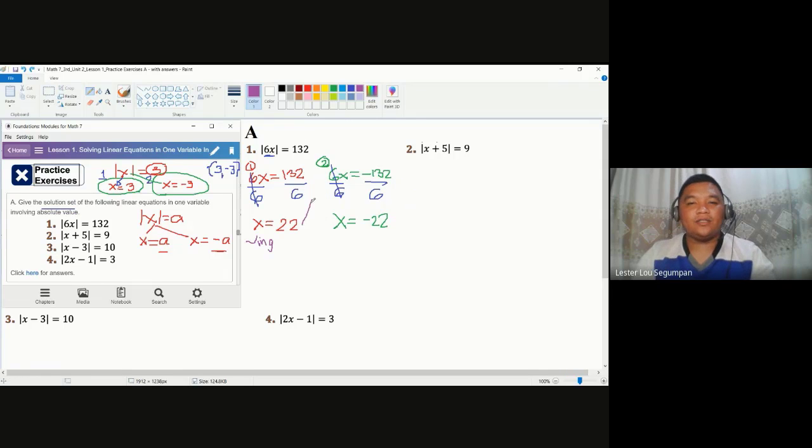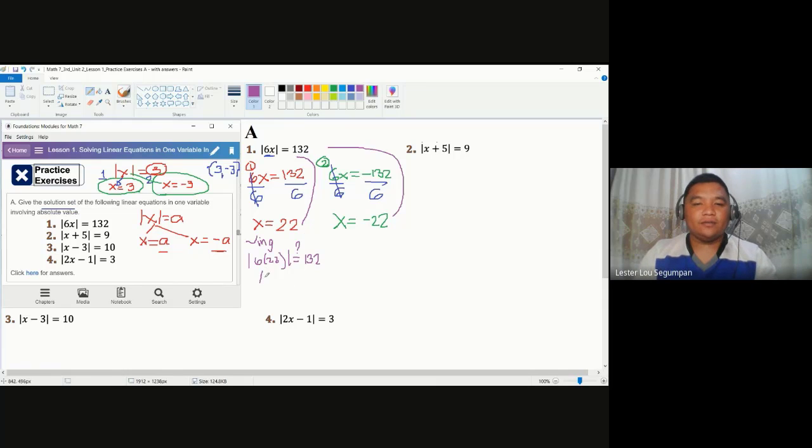So substitute into the given expression. For case 1, you will have the absolute value of 6 times 22. Is it equal to 132? Again, when we check, notice that I use a question mark because even if it's really obvious already, our goal here is not to predict the outcome of both sides, but to make sure that both sides are equal.